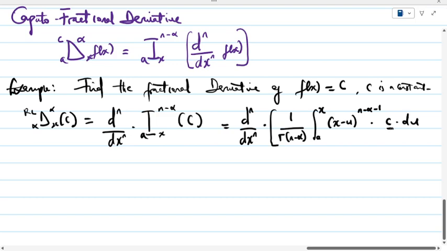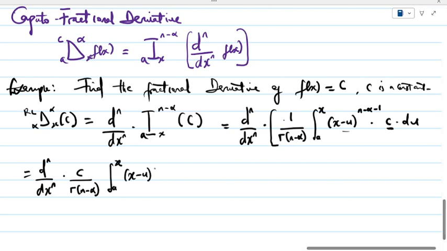Since this is a constant, we can just take it outside, whereby we find the integration of this. That is, we are going to have d^n over dx^n of c over gamma of n minus alpha, integral from a to x of (x minus u) to the power n minus alpha minus 1 du.